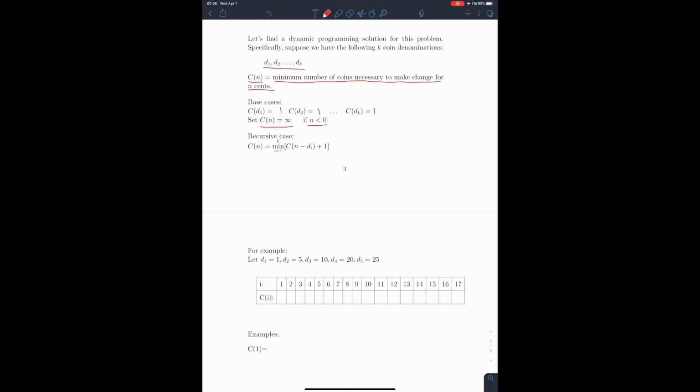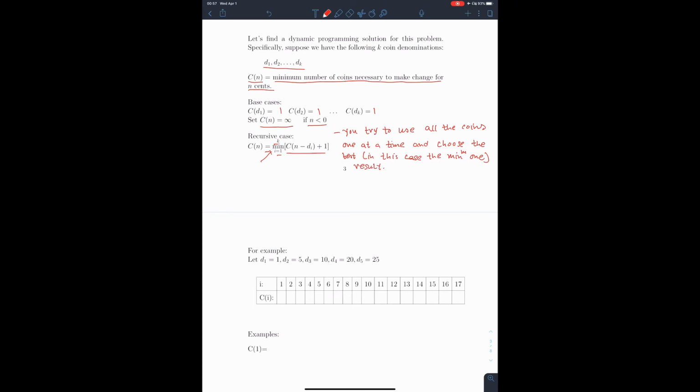In the recursive case, we try to find all possible cases using all possible denominations from 1 to k and get the minimum of all of them.